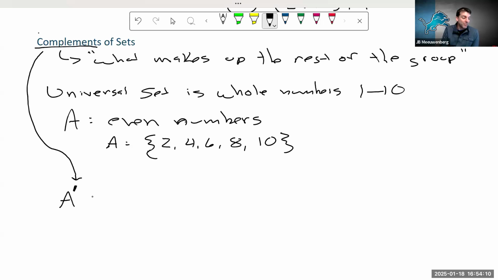And so we would say the complement of A would be equal to all the numbers that are in the universal set that are not in A. Really, that's going to be the odd numbers, 1, 3, 5, 7, and 9.